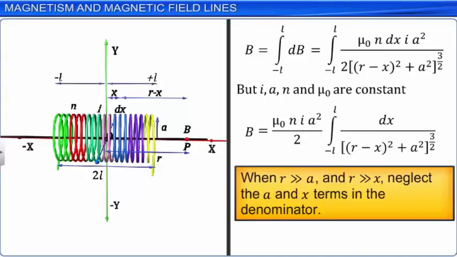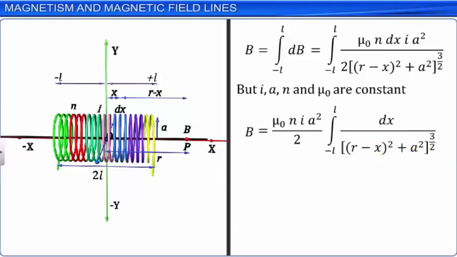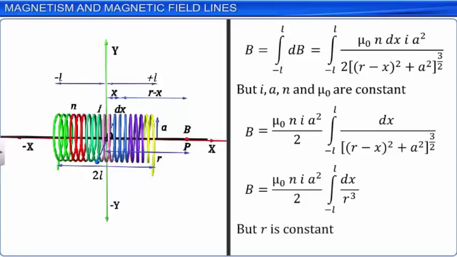Then, B = μ₀ n I a² by 2 into integral -L to L dx by R cube. But the distance of the point P from the origin, R, is constant. Thus, B = μ₀ n I a² by 2R cube into integral -L to L dx.